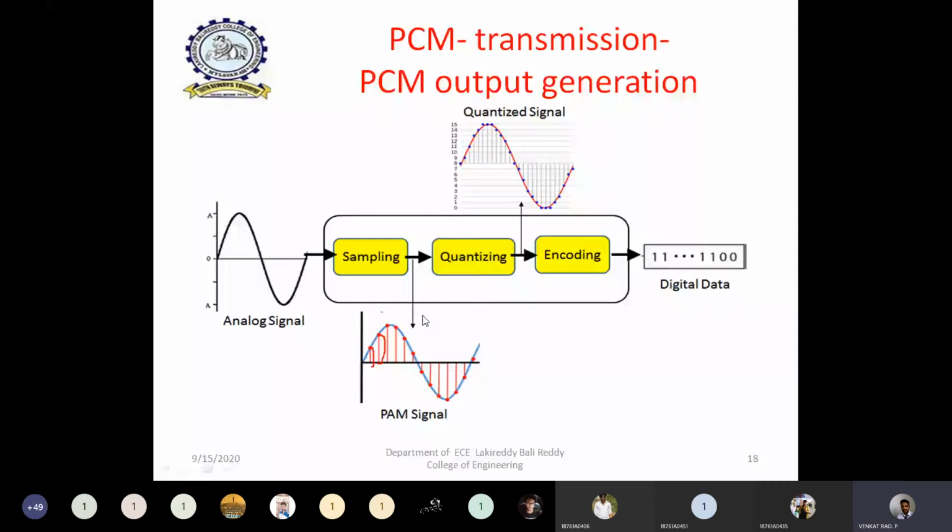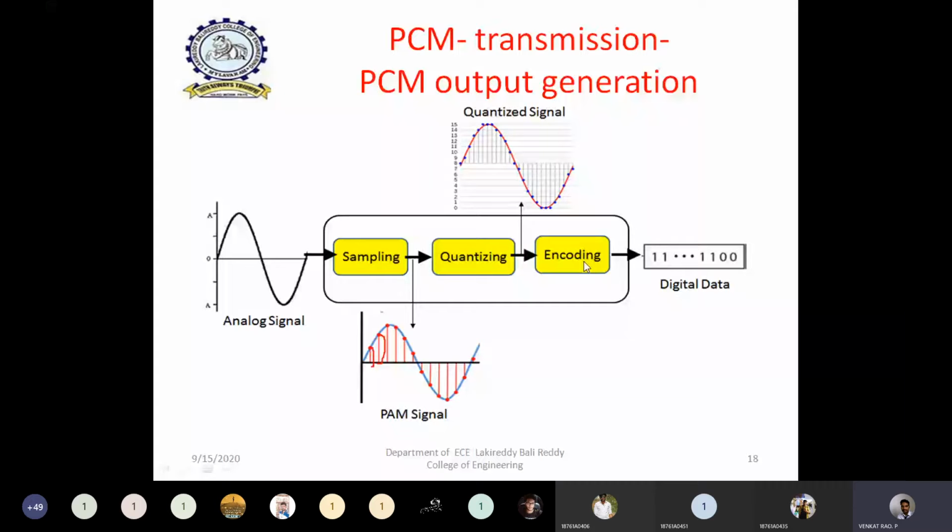Then each quantized amplitude value is passed through the encoder. In place of this encoder, we may use an 8-bit encoder, a 7-bit encoder, or a 3-bit encoder, whatever it may be.